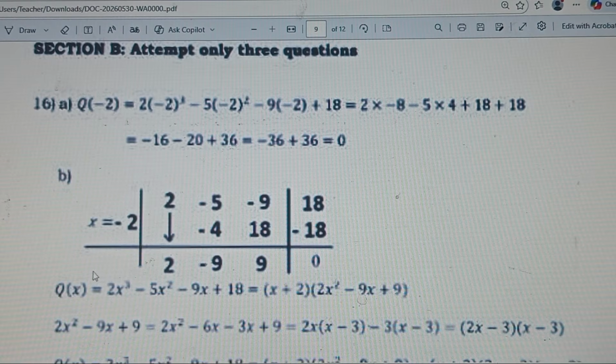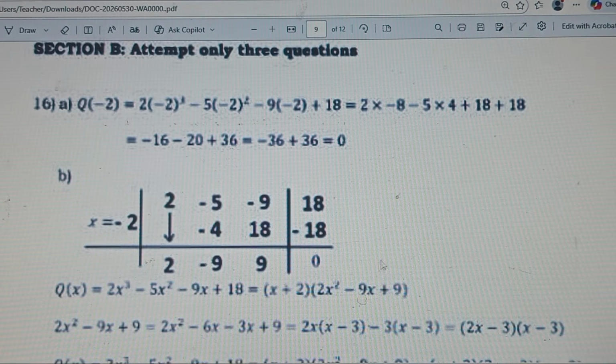According to that, you can continue by synthetic division. When you do the division with the coefficients, the root is negative 2. You bring down 2, multiply with negative 2 to get minus 4, then add to get 9. Then 9 times negative 2 gives minus 18, 9 minus 18 gives 9 again, then you multiply with negative 2 and get minus 18, and you get 0.